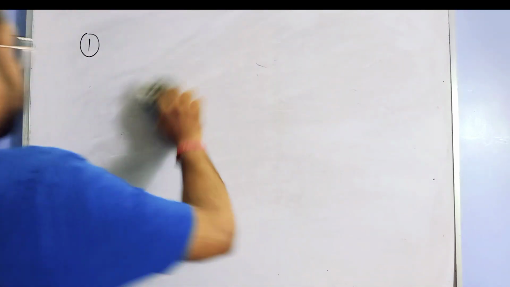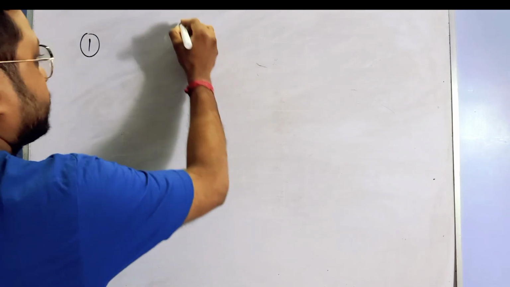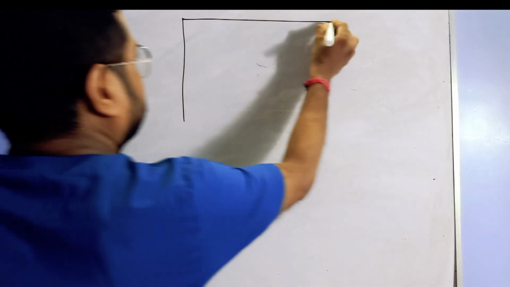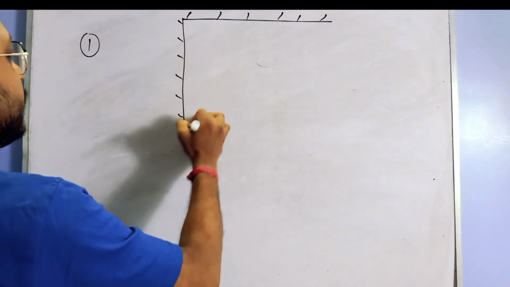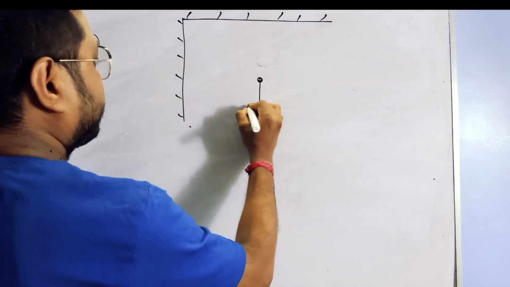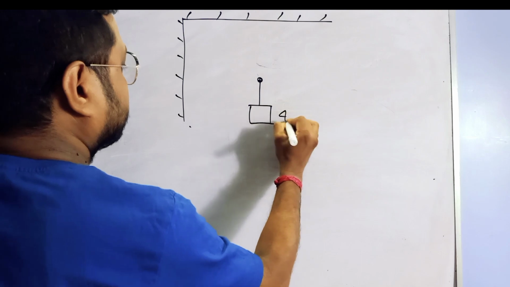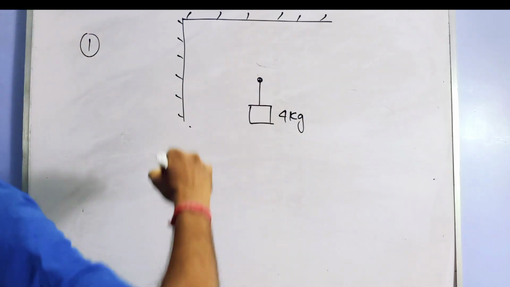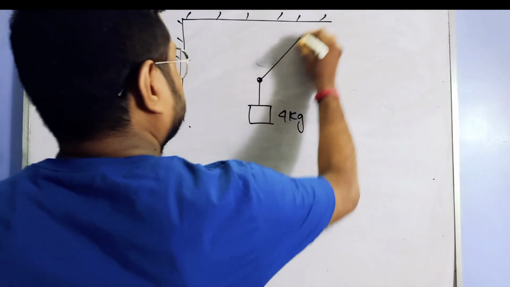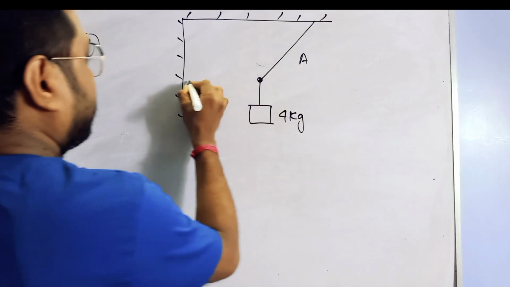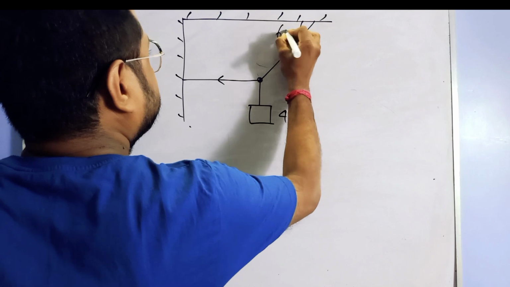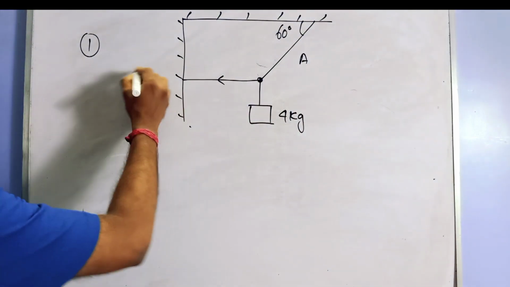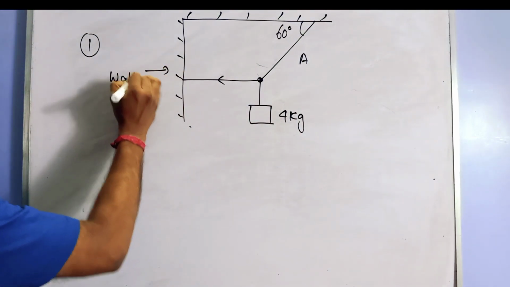So we draw a picture. Suppose this is a wall and a weight of 4 kg is hanging with two strings, string A and string B. String A makes an angle of 60 degrees with the wall.